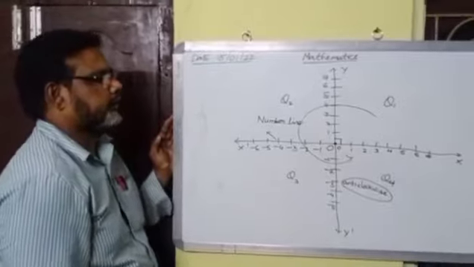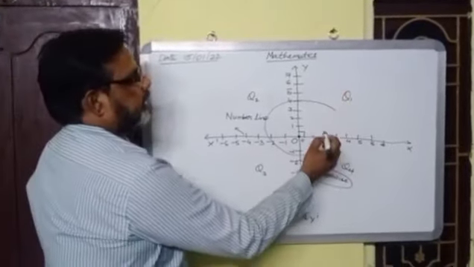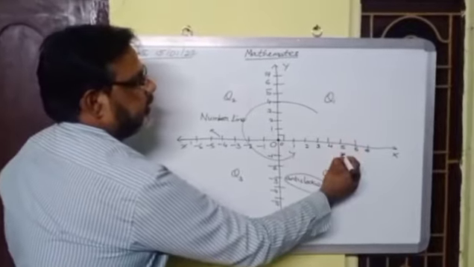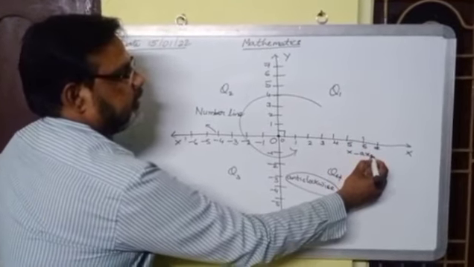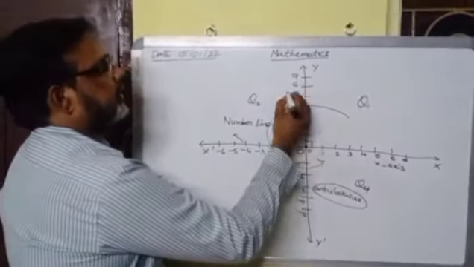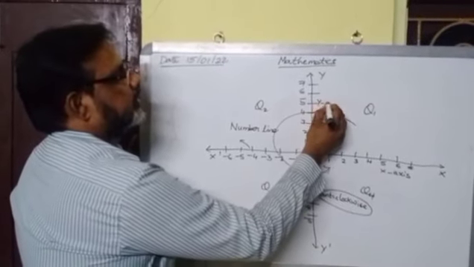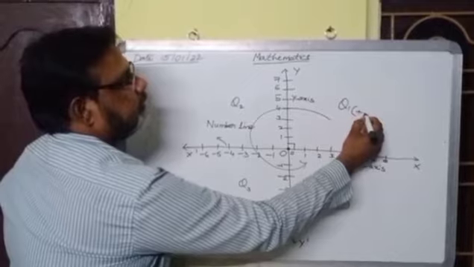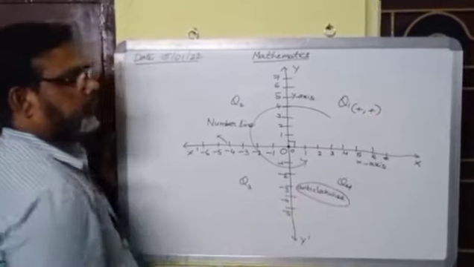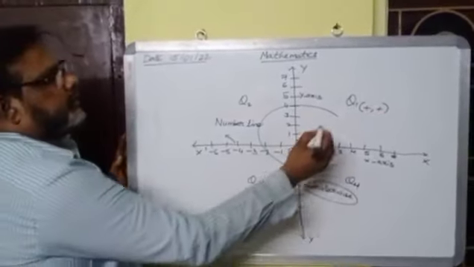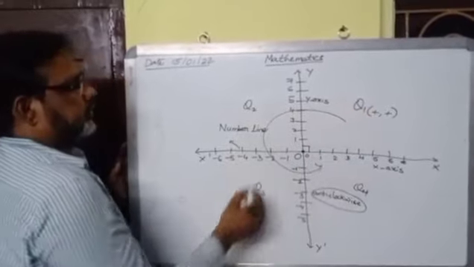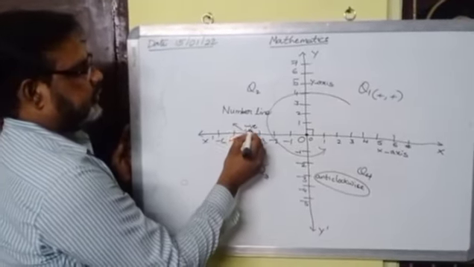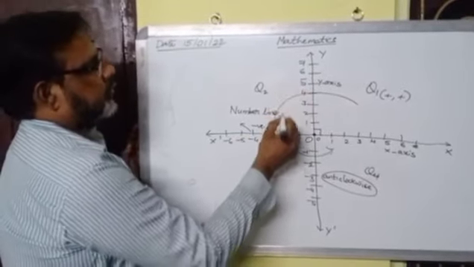If you take Q1, here x is positive, this is the x-axis, and the y-axis is also positive. So it is represented with plus plus. If you take the second quadrant Q2, here x is negative and y is positive.